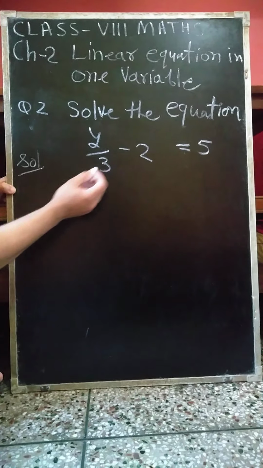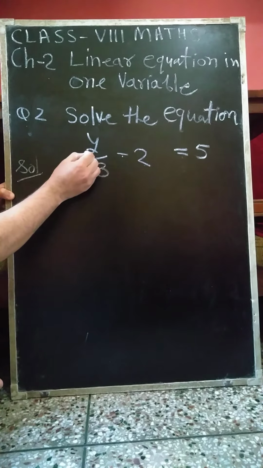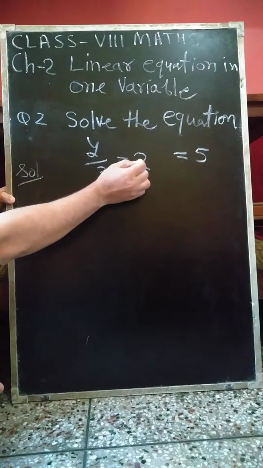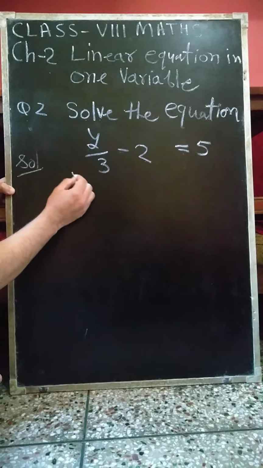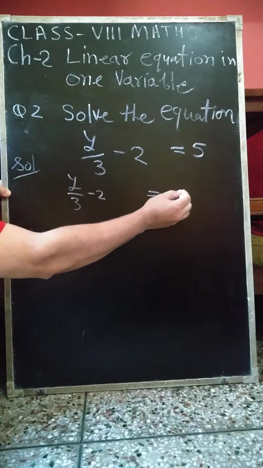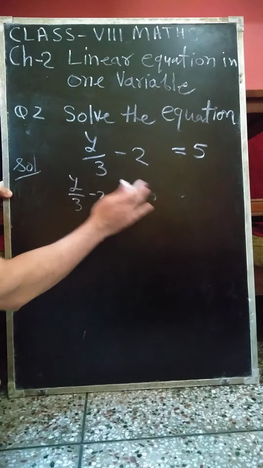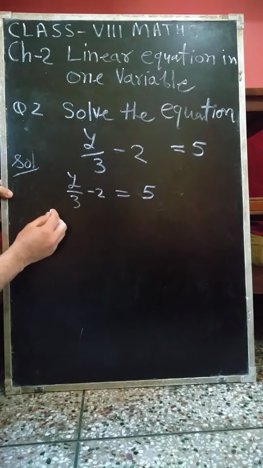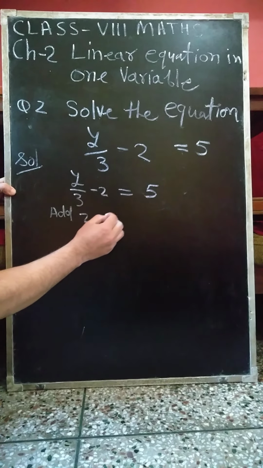So first of all, 2 is in subtraction with the variable, here is minus 2, so add 2 on both sides.